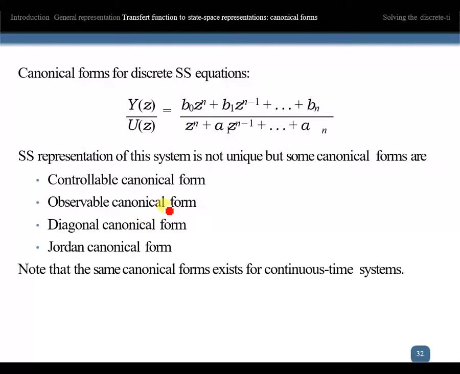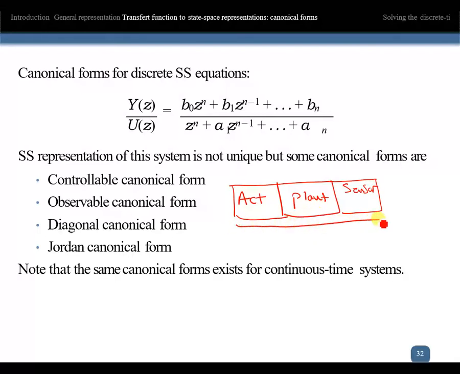I would like to talk about the controllable and observable that you saw a lot and you will see in the future. If you have a plant in your system, then you have the actuator here, and you have the sensor. The total plant will include the actuator, the plant, and the sensor.